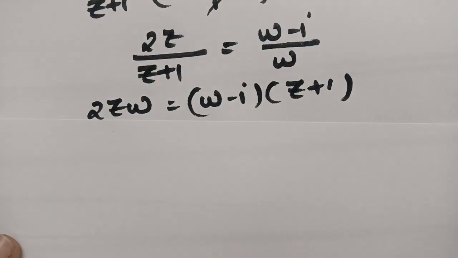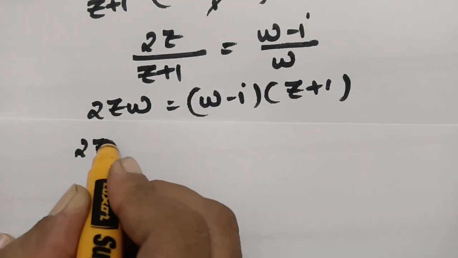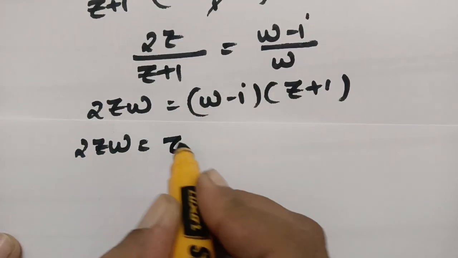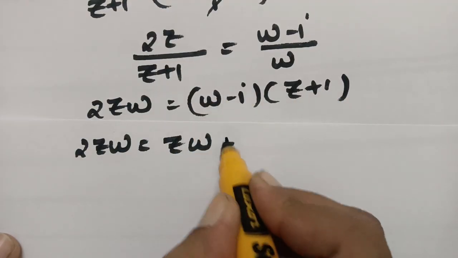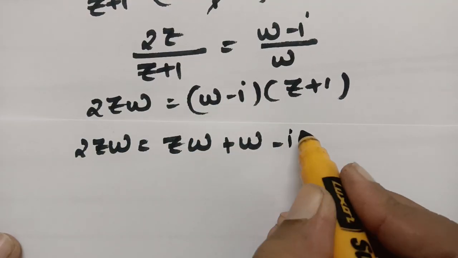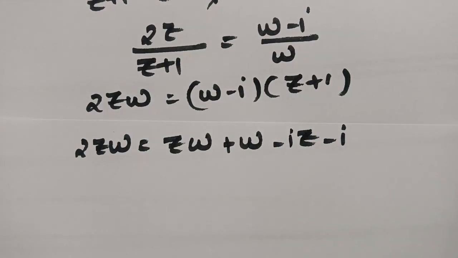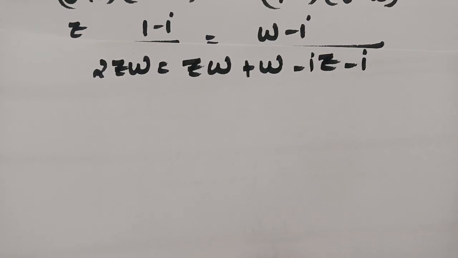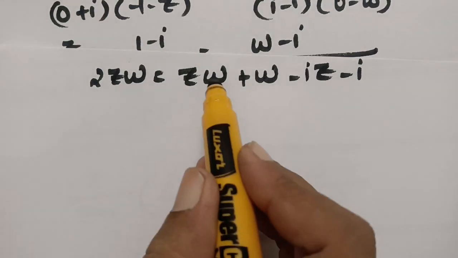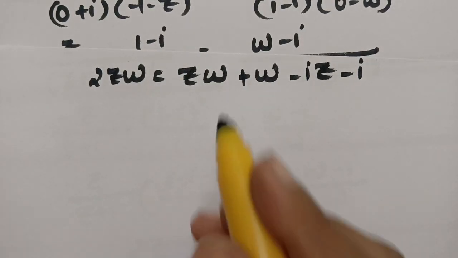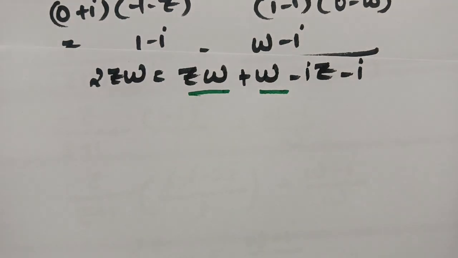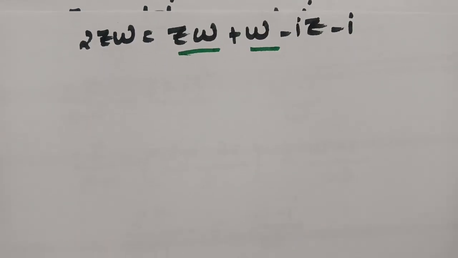This will be 2ZW is equal to ZW plus W, minus I times of Z, and this value is minus I. So if I send the W terms to one side, these two are the W terms I am sending to the left hand side.